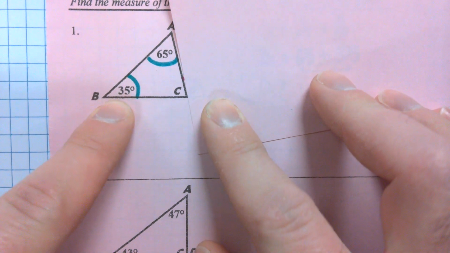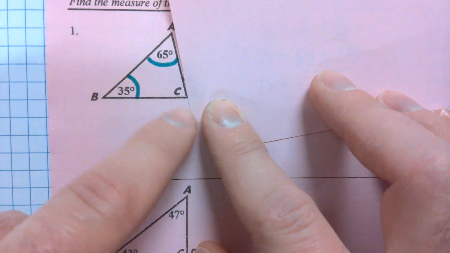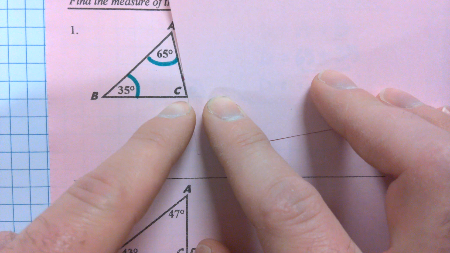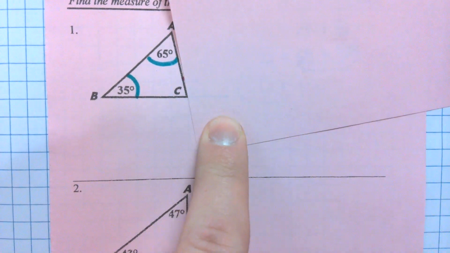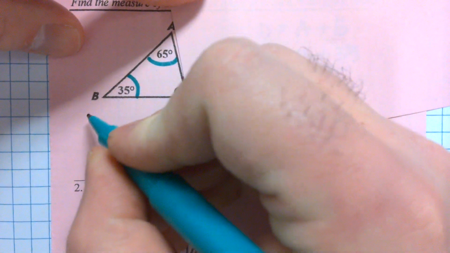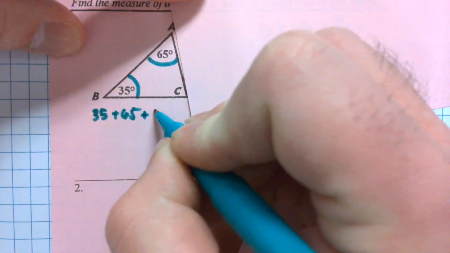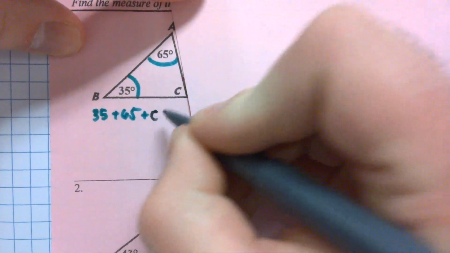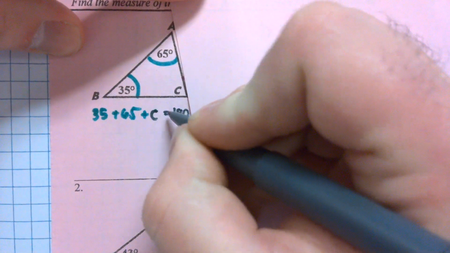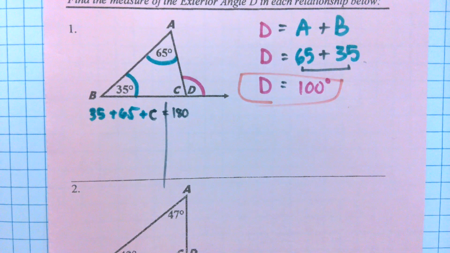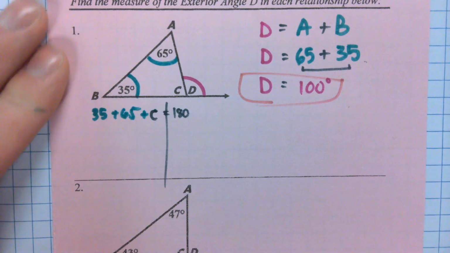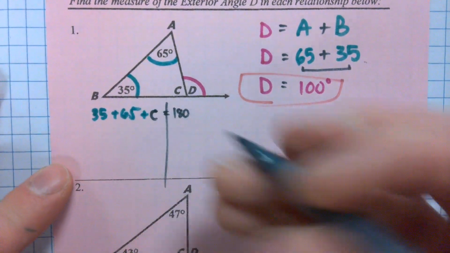If B is 35, A is 65, and we wanted to find angle C, we could do 35 plus 65 plus C equals 180. This is the triangle sum theorem.